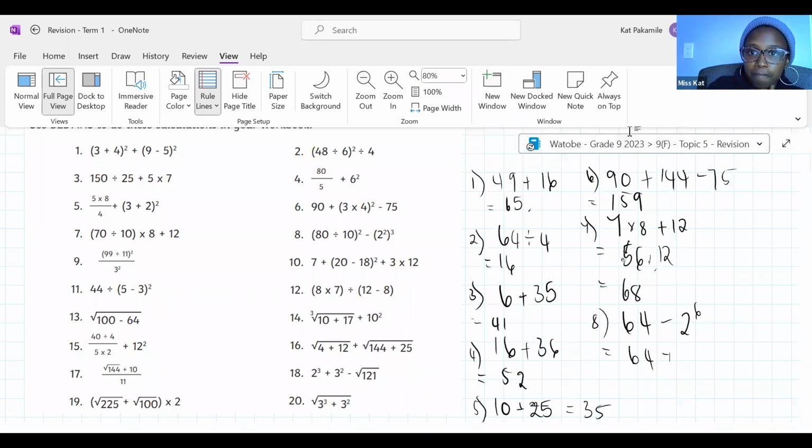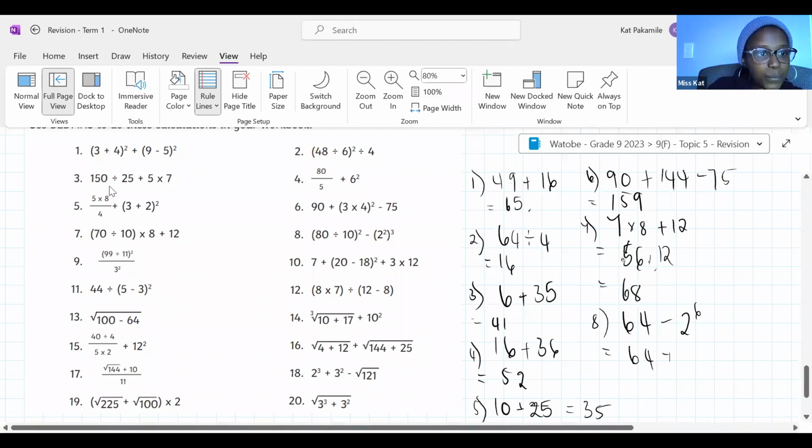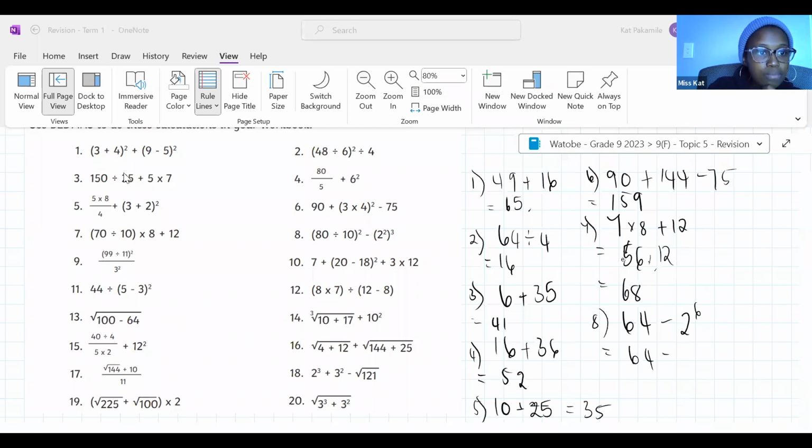It's 4 plus 3 to the power 2 plus 9 minus 5 to the power 2, right? What's 4 plus 3? 4 plus 3 is 7, ma'am. 7 squared is? 7 squared is 49. Okay, do you get the first part? No. Why?